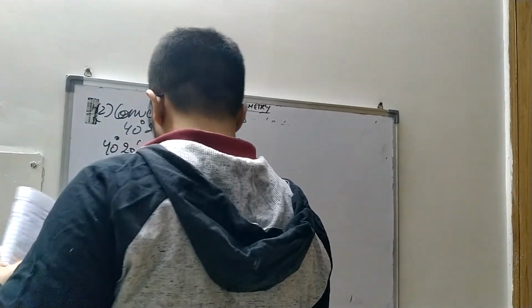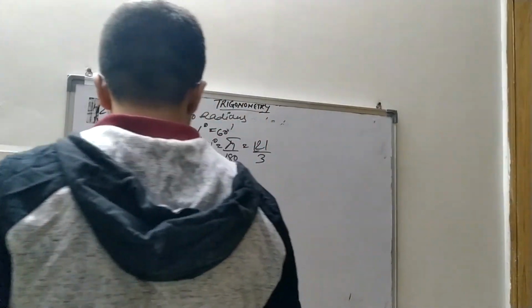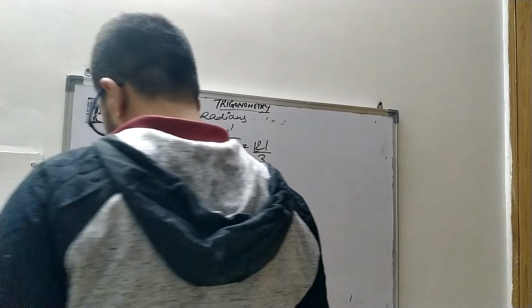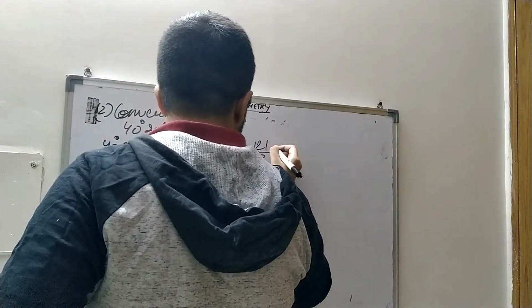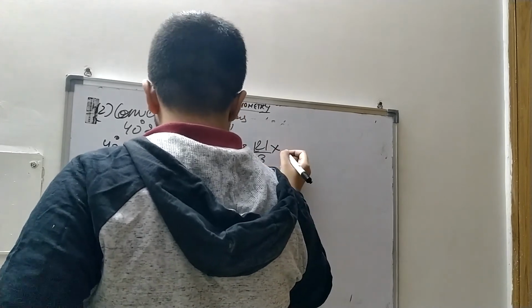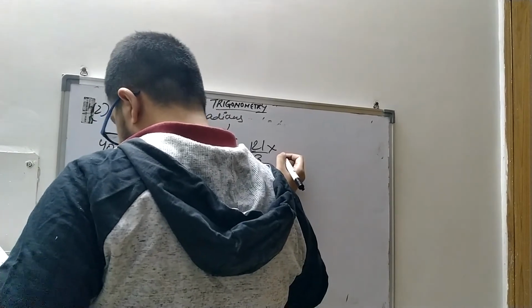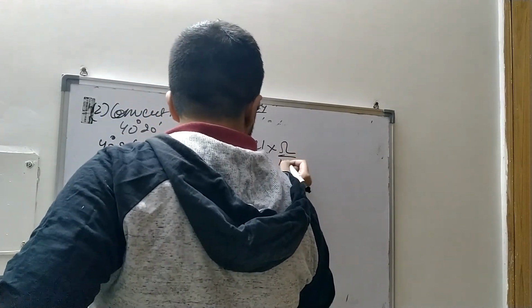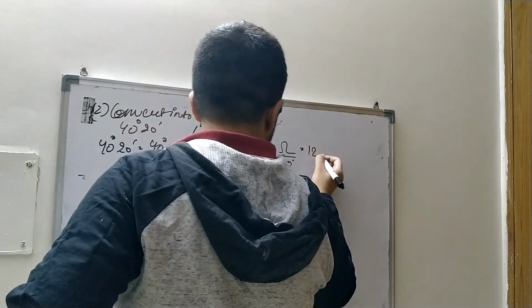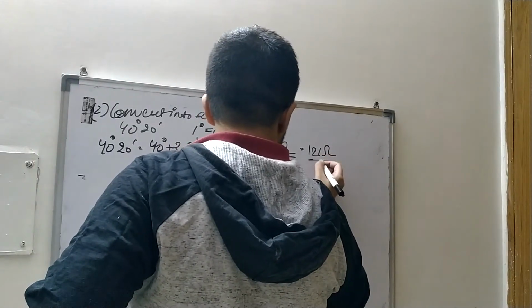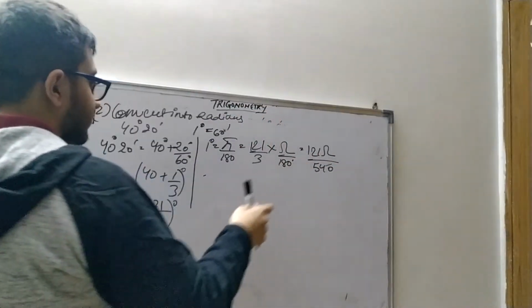So here we take 121 by 3 degree into pi by 180, which gives 121 pi by 540 is the answer.